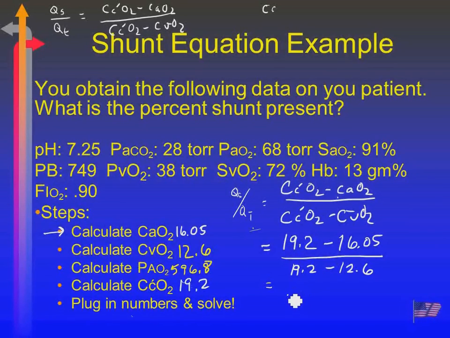So what does this work out to be? 19.2 minus 16.05. I'm sorry? 3.15, and on a denominator?